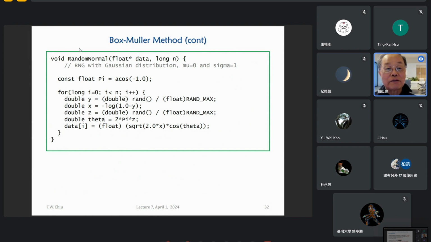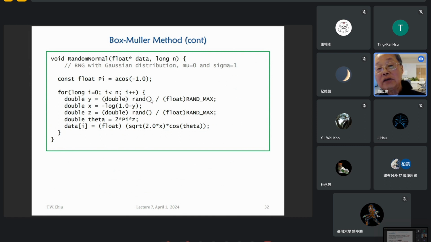So first I have to have the numerical value of pi. Pi is the arc cosine of -1. So this is pi, up to single floating point precision. Then I get the floating point number y between 0 and 1 by calling this rand.